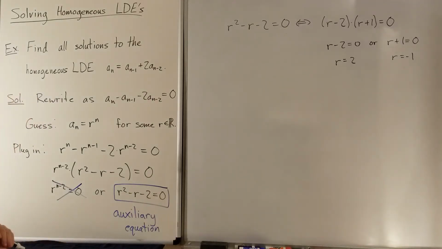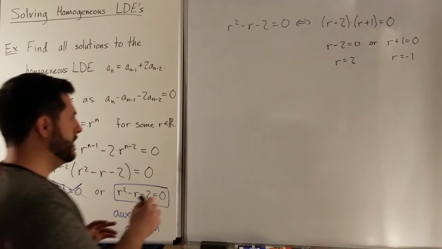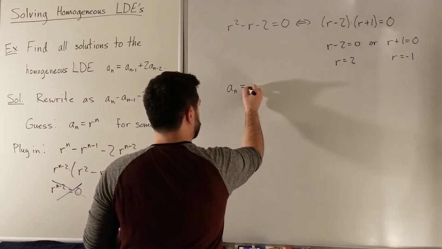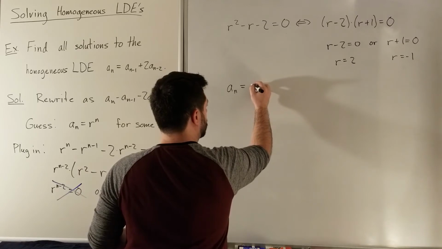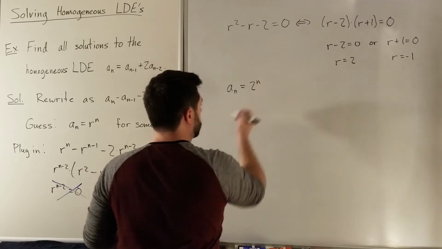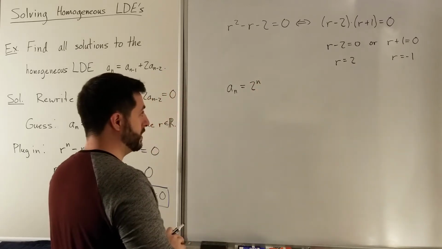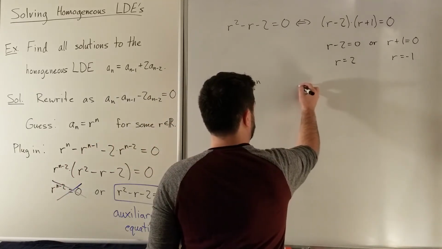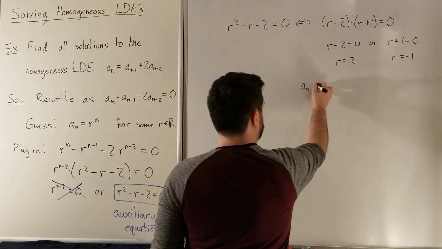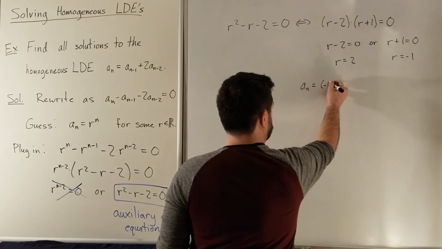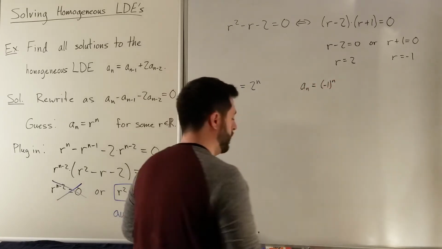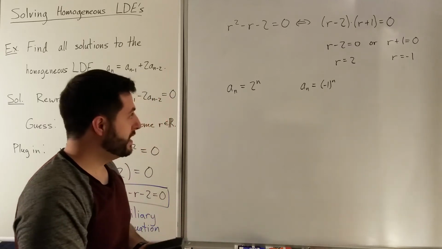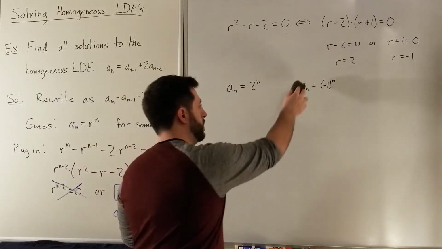So what that means is a sub n is equal to 2 to the n is a formula for a solution to this. And a sub n is equal to negative 1 to the n is another solution. I'm going to give these two solutions different names.